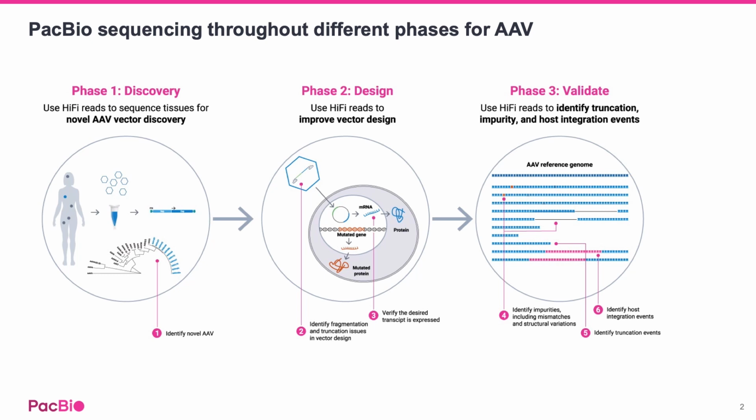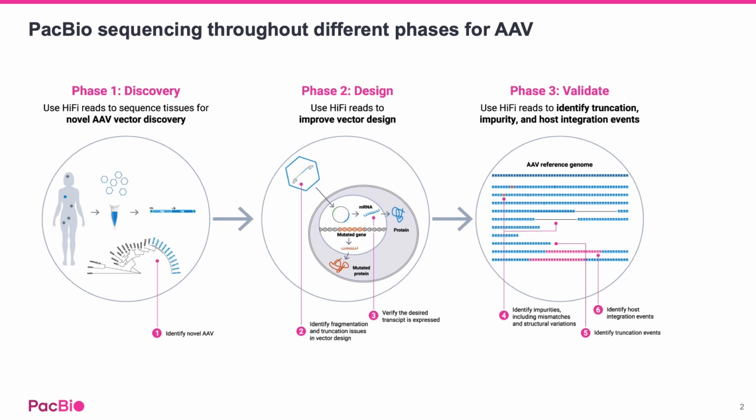In the second phase of AAV research and development, our customers have been using HiFi sequencing to identify whether different AAV designs would result in undesirable fragmentation or truncation of the produced vector. Also, if you look at the bullet with number 3, long-read sequencing can be applied to other kinds of sequencing as well, including mRNA sequencing.